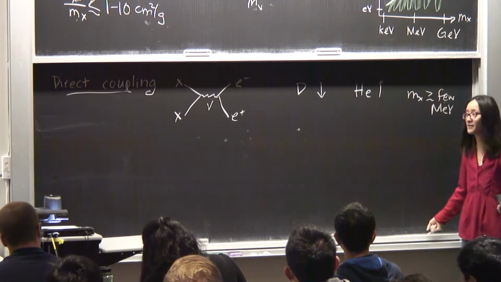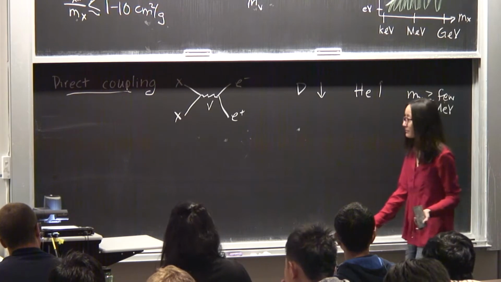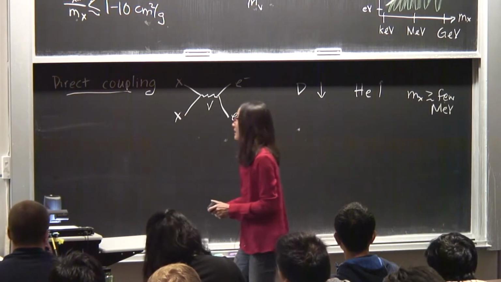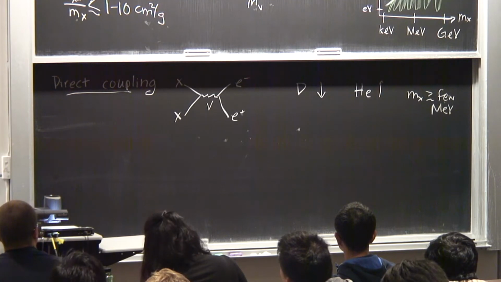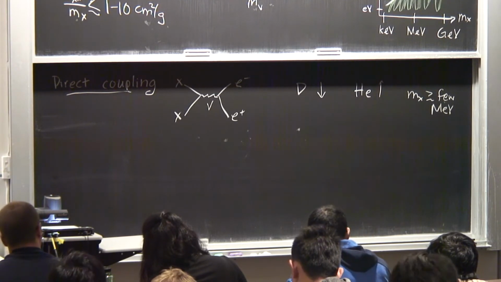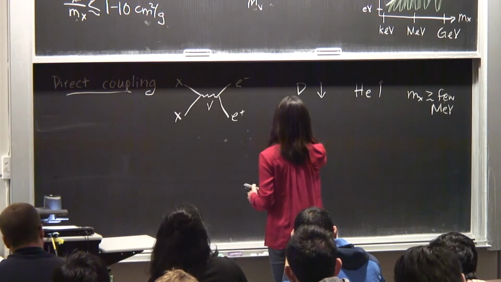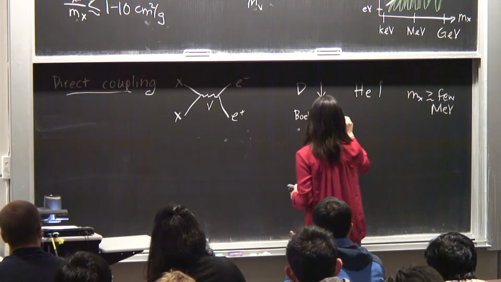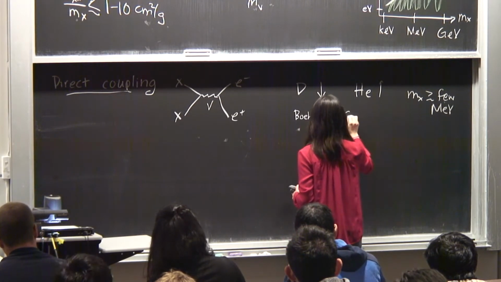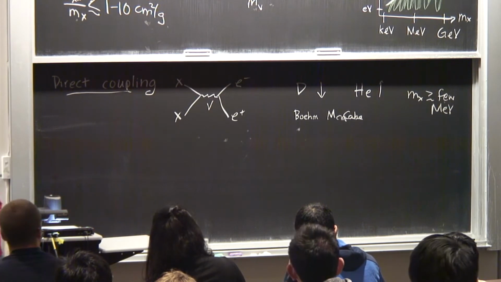Again, you have to count the degrees of freedom at BBN as well. Okay, so our direct coupling scenario is good down to about a few MeV. Let me put the reference that goes through some of this.